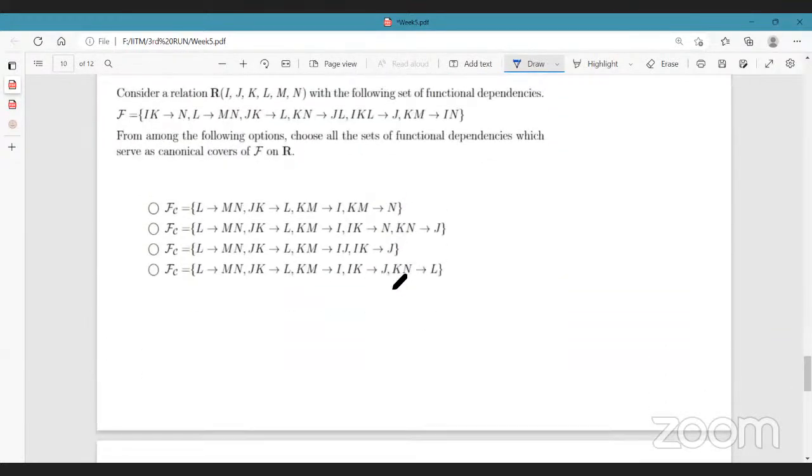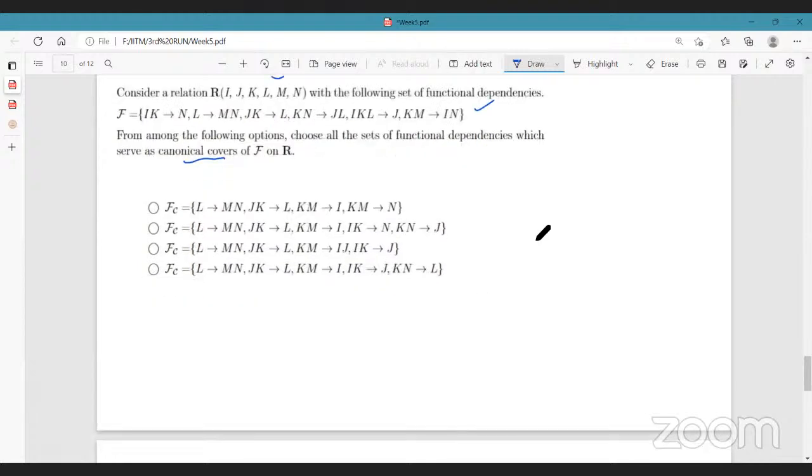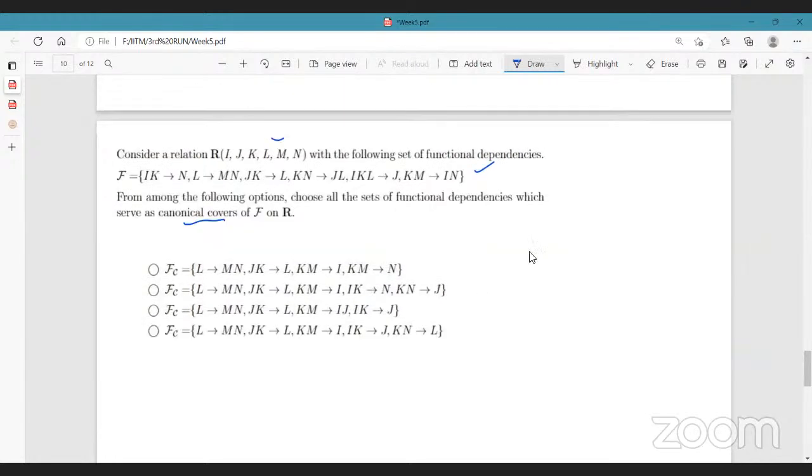Now let us try to understand this with the help of an example. This is the relation, and these are the functional dependency sets. We are asked, from among the following options, to choose all the sets of functional dependencies which serve as canonical covers of F on R. What we do in canonical cover is remove the extraneous attributes or extraneous functional dependencies, without which we will still get the same output.